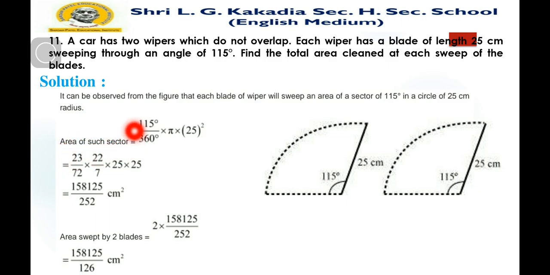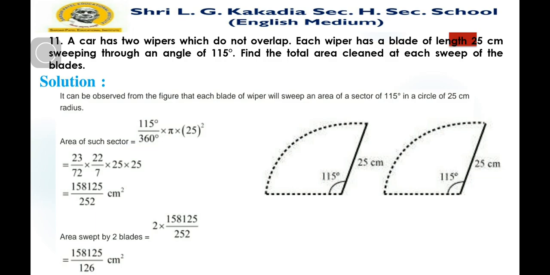The area of such a sector is 115 divided by 360 into pi into 25 square, and hence we can find 1581.25 divided by 252 centimeter square. Now it is the area of one wiper. We want to find the area swept by two wipers, so we multiply this by 2, and then we can find 1,58,125 divided by 126 centimeter square. It is the area swept by the wipers.